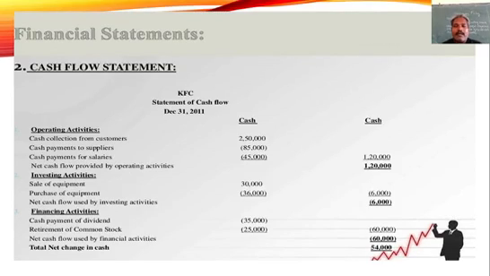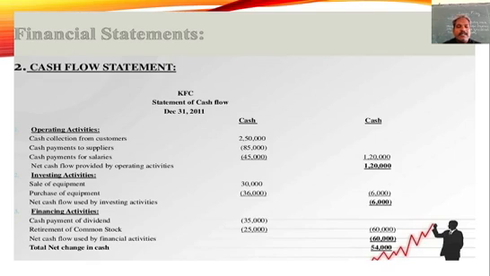This is the format prepared by KFC for the year 2011. So operating activities: cash collected from customers, then cash payment to suppliers, cash payment to salaries. So these are all the items we have spent. Net cash flow provided by operating activities.